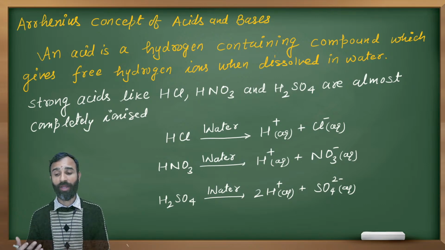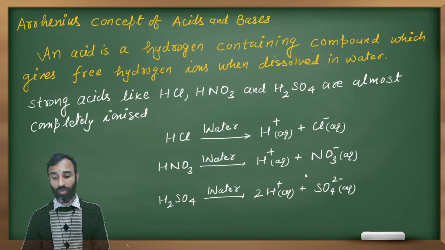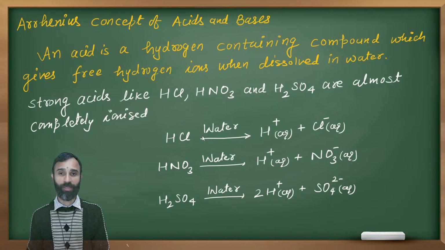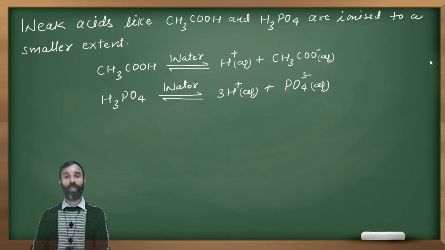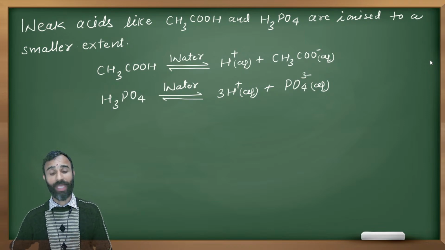So these are acids, and these are strong acids because they are completely ionized into H plus and anion, and that's why we put only one arrow, that is, the direction is unidirectional ionization.